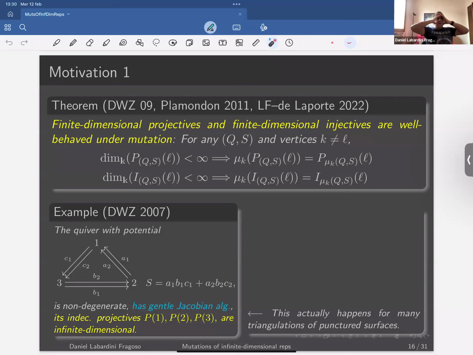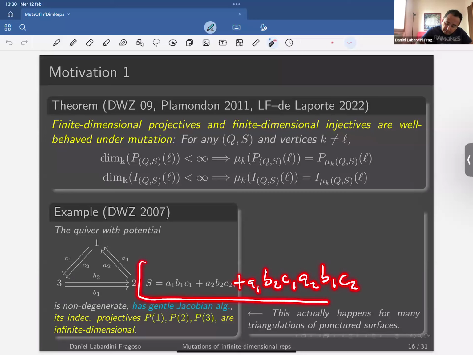Yeah, I would say that if you take this quiver, but not with this potential, but with the potential which is this plus A1 B2 C1 A2 B1 C2, I think for that one, what you say is not going to hold.